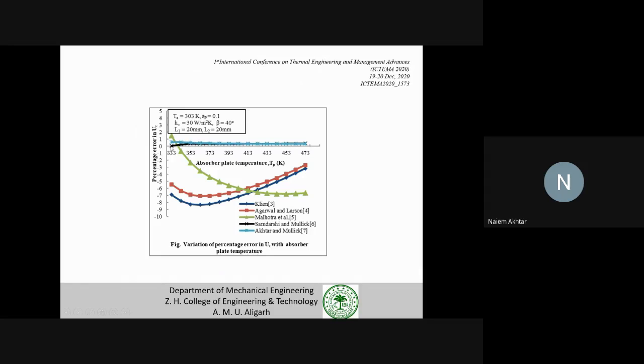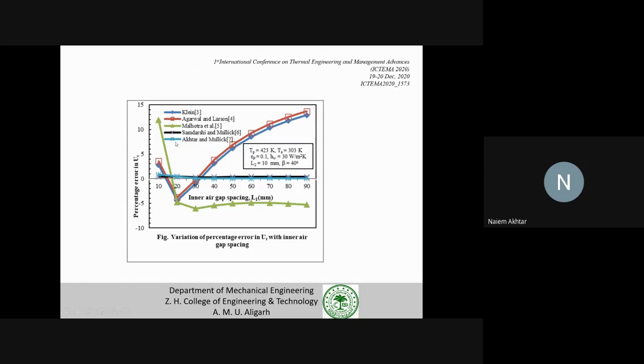It is just along the x-axis, and the other relations give values with some error at some points, and they give the true value, coinciding with the numerical solution, only with a certain combination of variables. Similarly, in this figure, the percentage error in top heat loss coefficient with the inner gap air spacing is shown here.